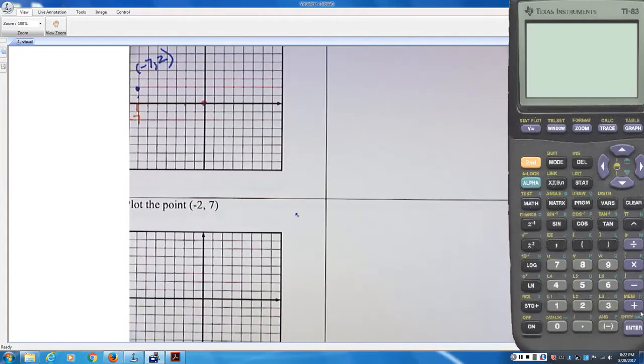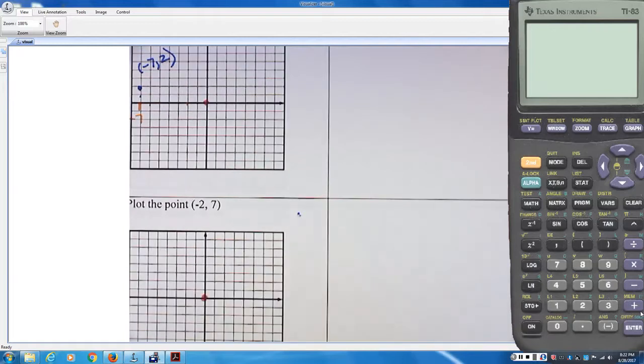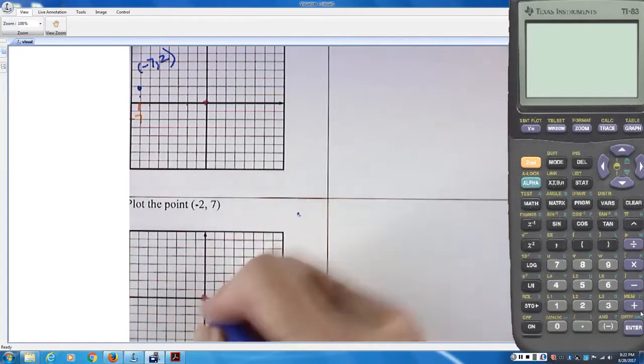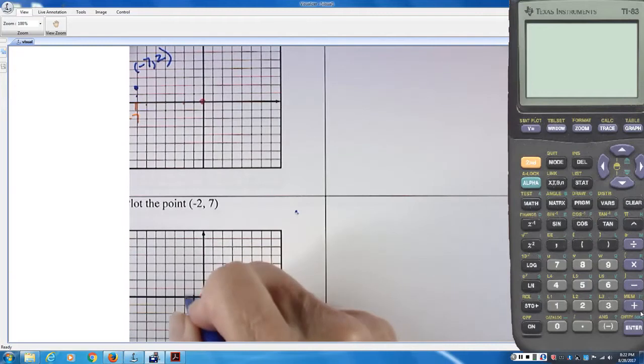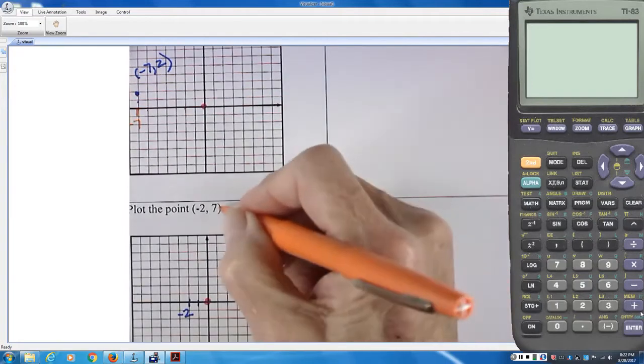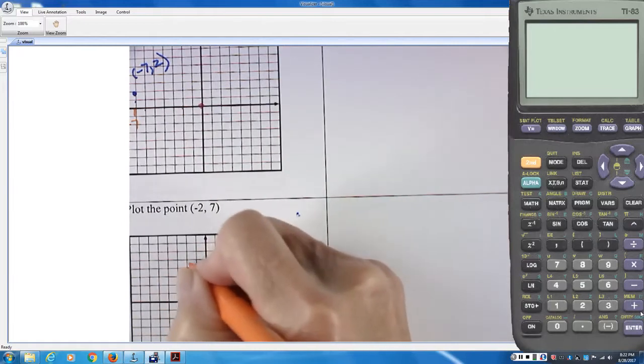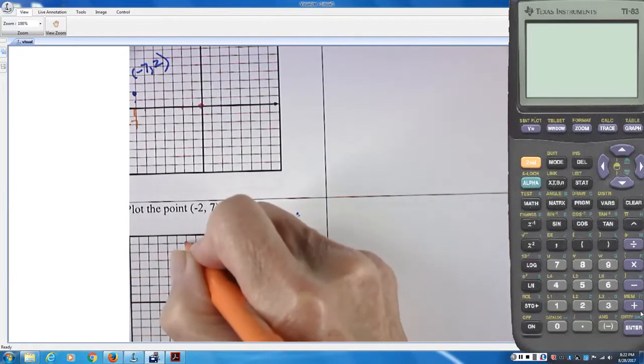Now, if I switch them around, I'm still going to start at the origin, but it says the first coordinate is negative 2, so that means I'm going to go left 1, 2. And then the second coordinate is 7, so I'm going to go up 1, 2, 3, 4, 5, 6, 7.